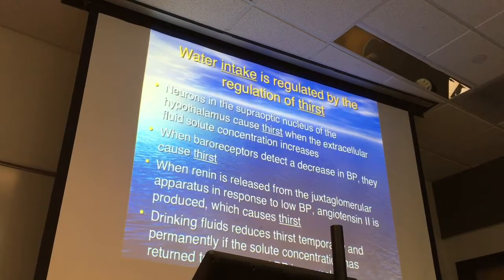Water intake is regulated by regulating your thirst. If you have high blood pressure, too much water, you're not thirsty. If your blood pressure is down, your water volume is down, you're really thirsty, okay? Neurons in the supraoptic nucleus, we already looked at that, are the ones that are measuring not how much water you have in your body, but it's going to be measuring the extracellular fluid solute concentration around those neurons.